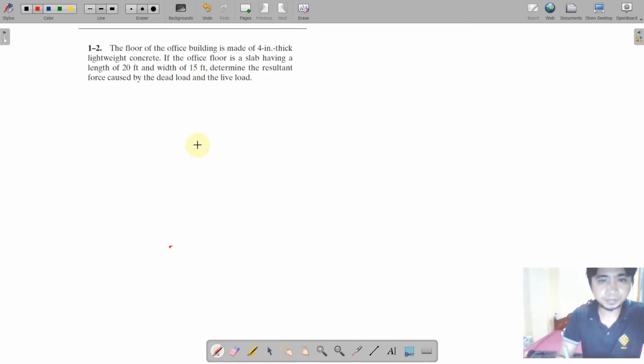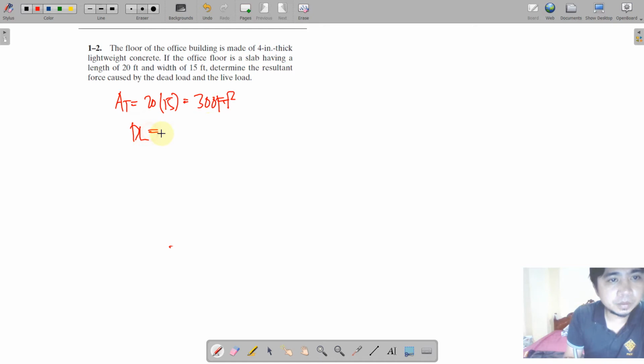Just the same, we start with computing the tributary area of that floor, that is 20 by 15, and that is equal to 300 square foot.